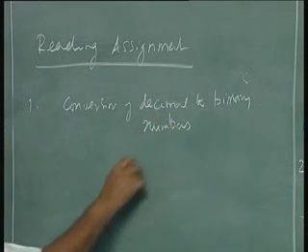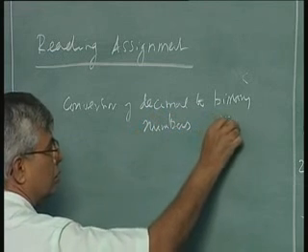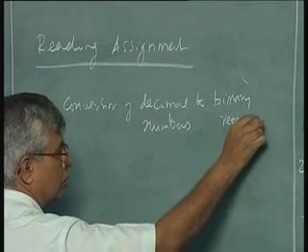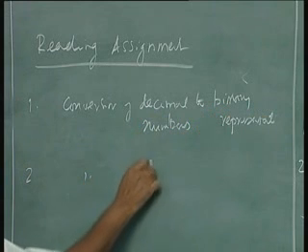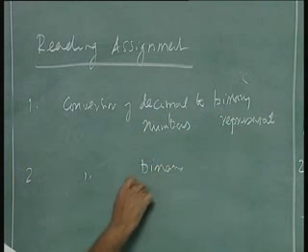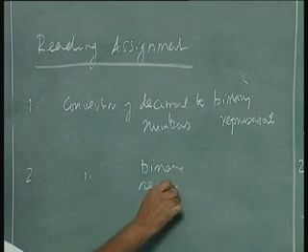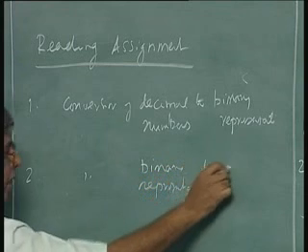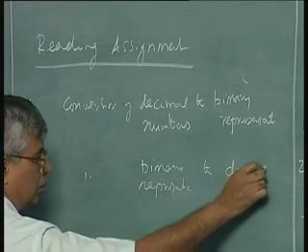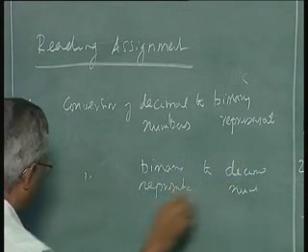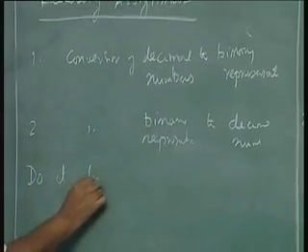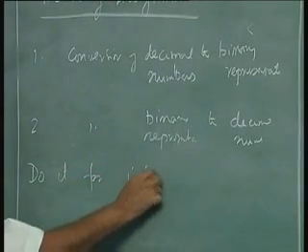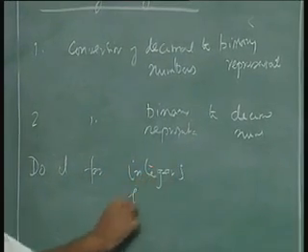That is the right way of saying it. Conversion of binary representation to decimal numbers. Do it for integers and fractions.